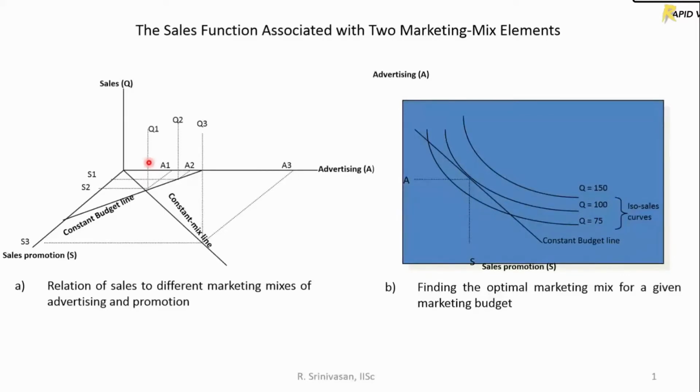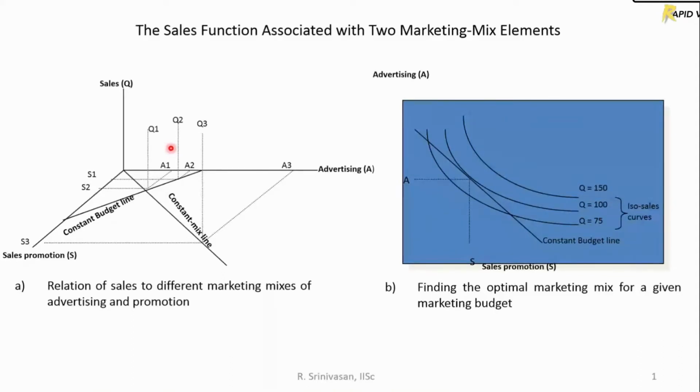Depending on what adjustments you make for A and S, you will have different quantities of sales. You have it at Q1 for A1 S1, Q2 for A2 S2, Q3 for A3 S3. So you have three quantities of sales for different advertising and sales promotion budgets.